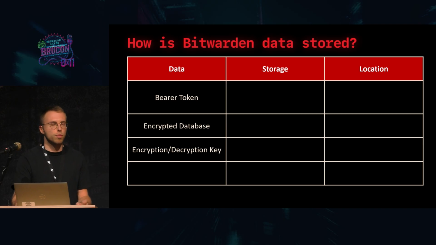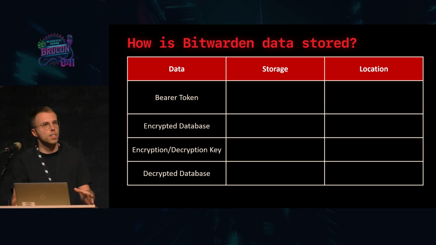If you use Bitwarden in an organization to share passwords and accounts, it is sometimes asymmetric encryption, but in our case, it will be the same. And you have the decrypted database too. All of these elements are interesting for an attacker because access to them could mean having access to your passwords.